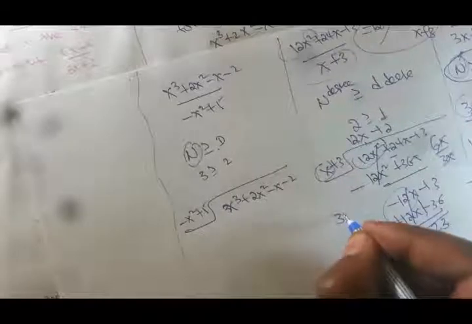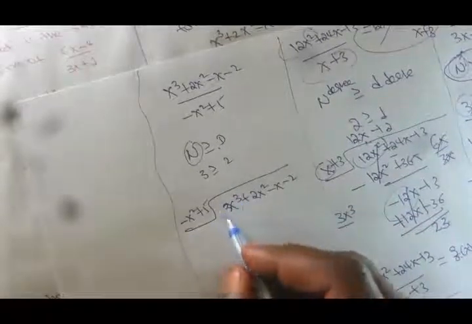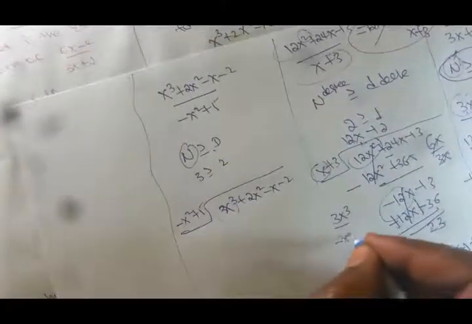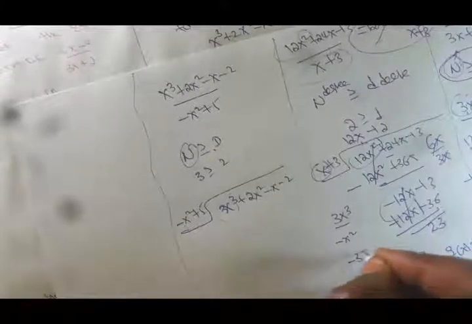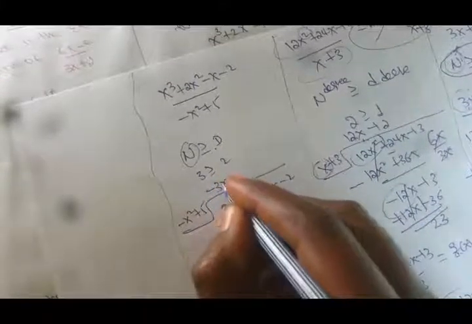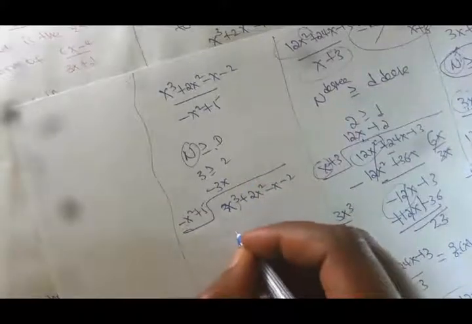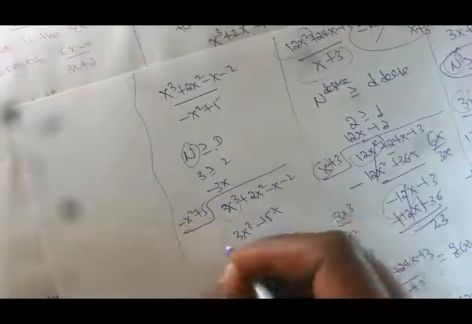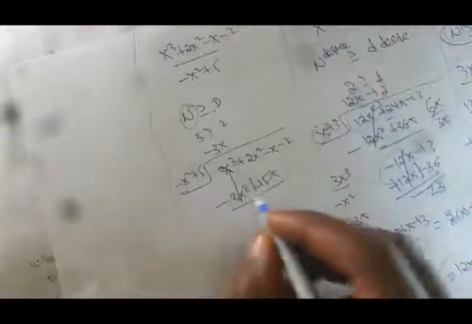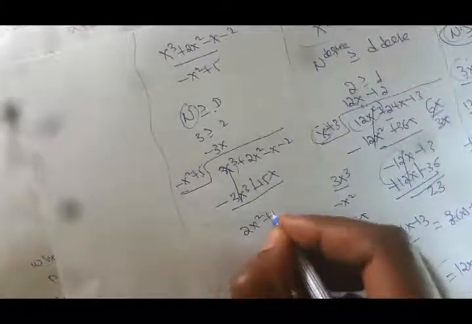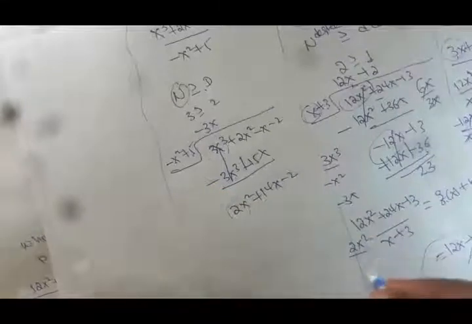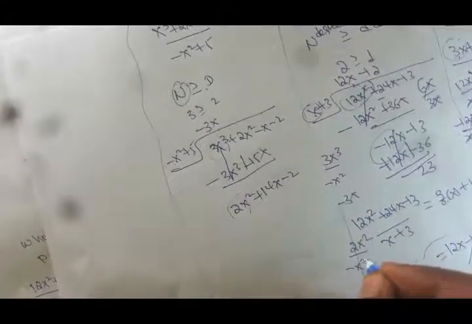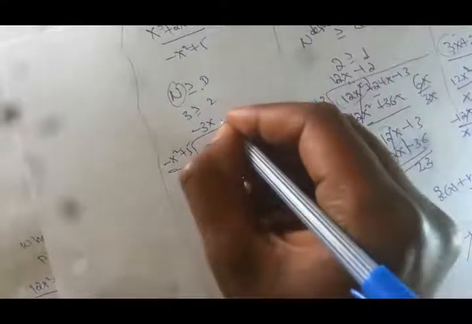First we divide x cubed by minus x squared, which gives minus x. When this is multiplied by the divisor, we get x cubed minus 5x. Subtracting, this is cancelled, and we get 2x squared plus 4x minus 2. Then 2x squared divided by minus x squared becomes minus 2.